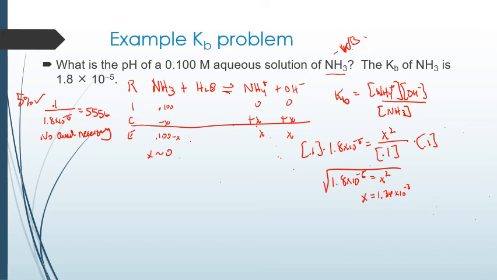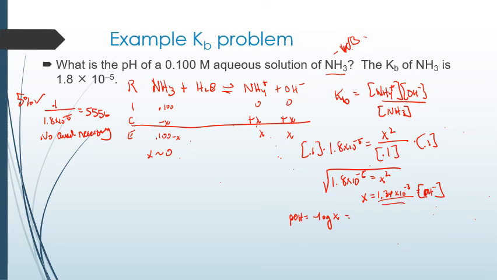So now that tells me my OH minus concentration. So I can solve for POH by taking the negative log of X. Since you've already defined what the value for X is, don't waste the time writing it out. You can just say negative log of X here and just plug in and solve. I need, let's see, 3 significant figures again.